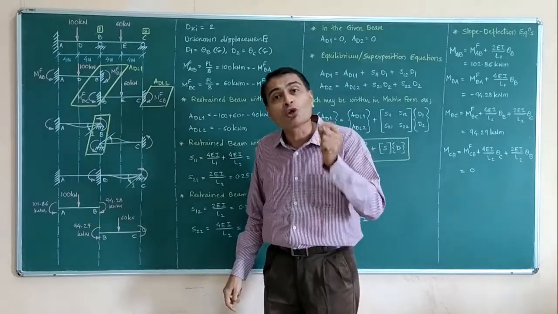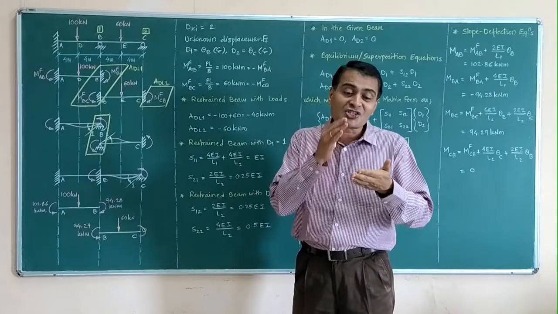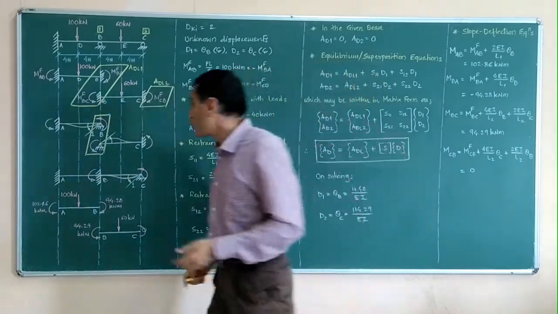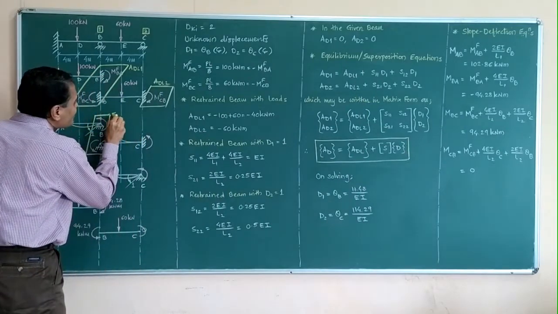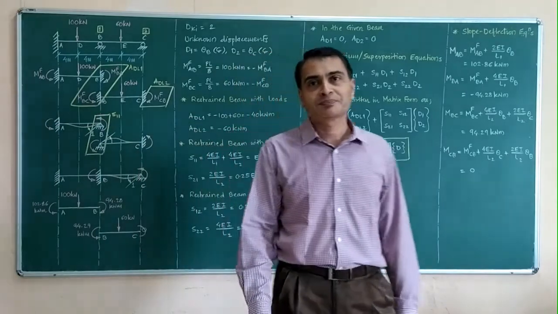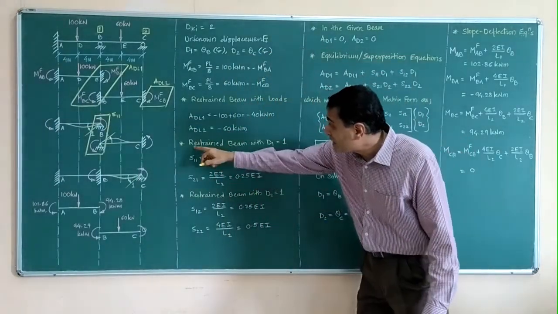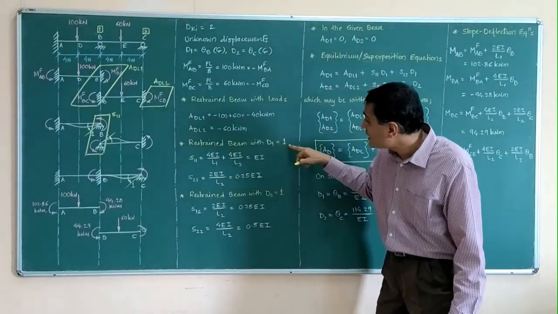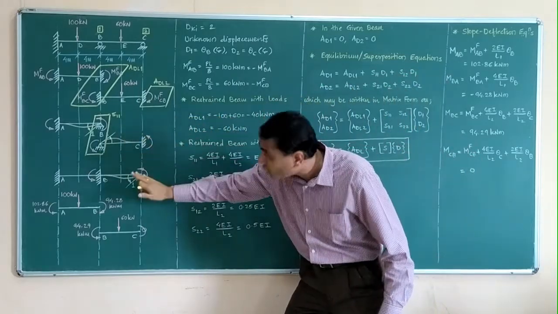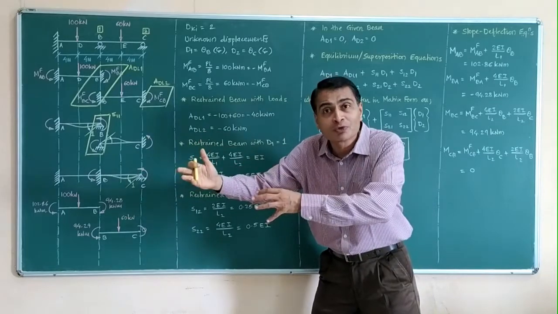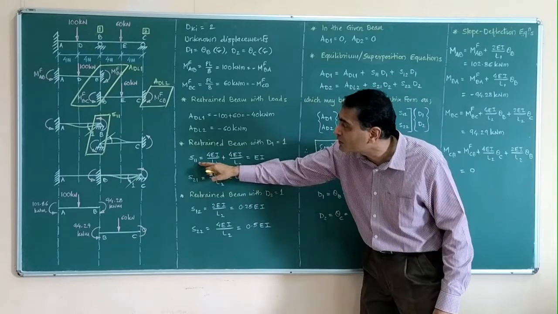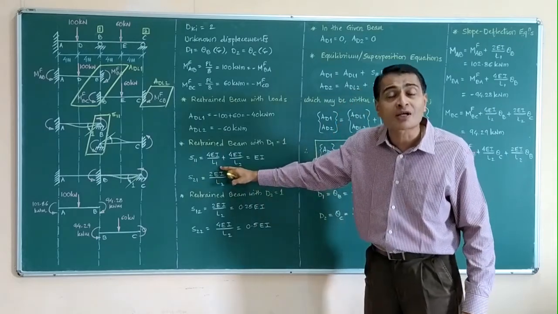But what should be the notation for this stiffness? It is stiffness at 1 due to unit rotation at 1. So it has to be S11. Please check. And that is what I have written. Restrained beam with D1 equal to 1. That means I am talking about this diagram. And later on I will talk about D2 equal to 1. So when I think of this drawing, first of all I am writing S11 by standard formula or expression.